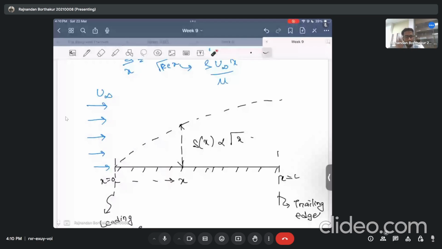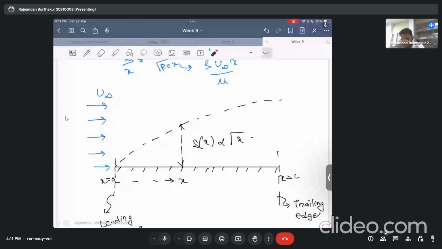Okay, and then you reduce one dimension, and we will see that very shortly. This momentum approach, the von Karman momentum approach, also gave a way to evaluate this boundary layer thickness delta, but this is an approximate approach.